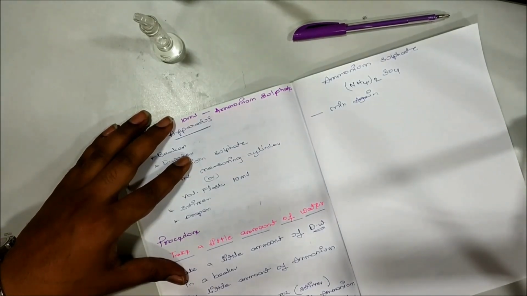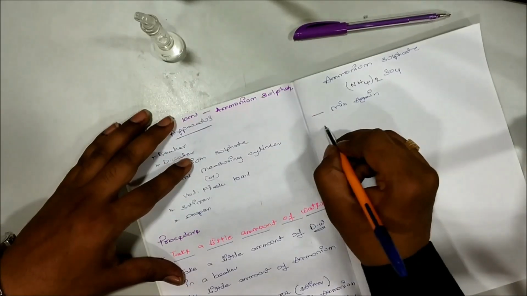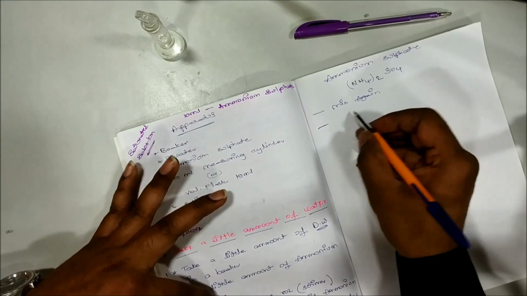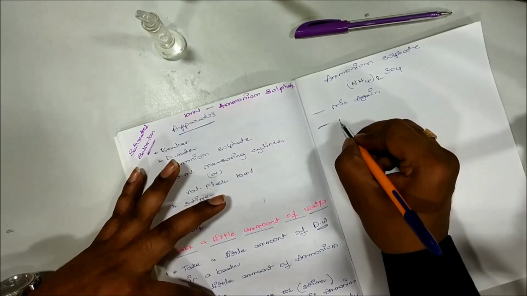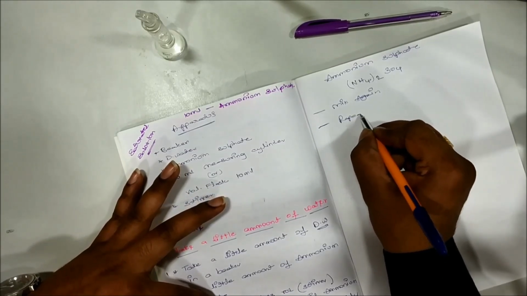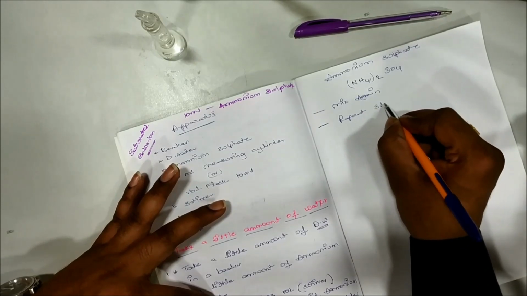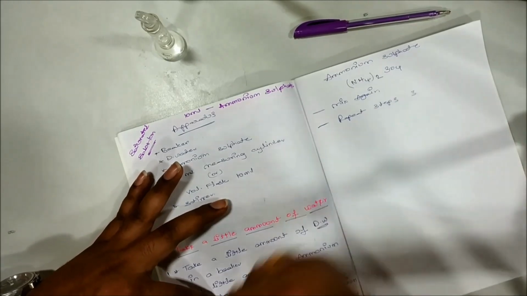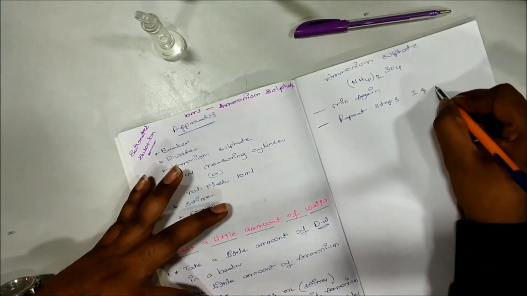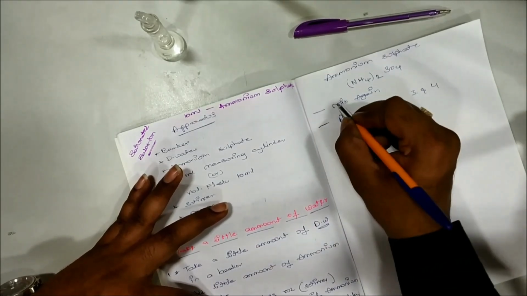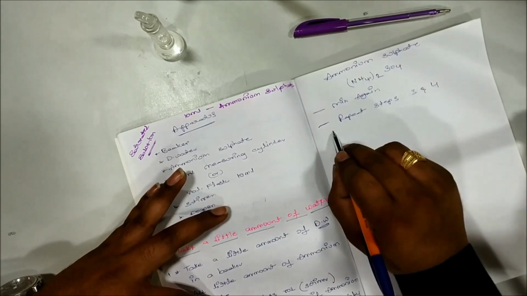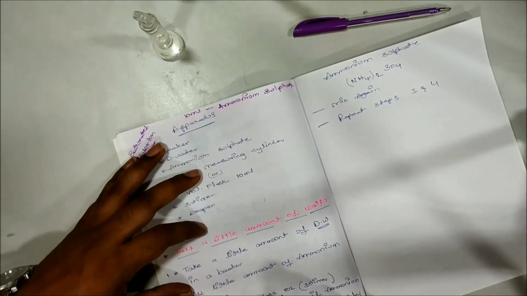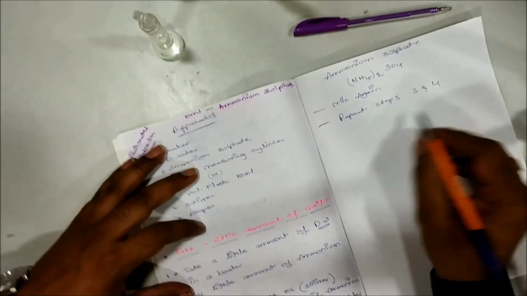This is the step 4, and mix again. And here we have to repeat steps 3 and 4. That means this step and this step. Mix with the glass rod and again check the solution.